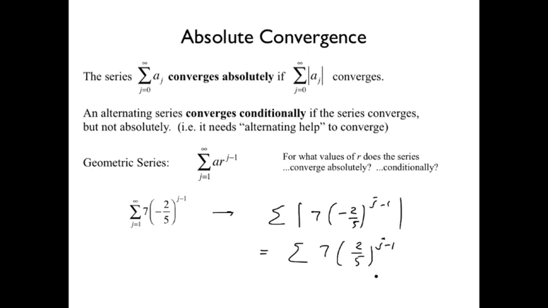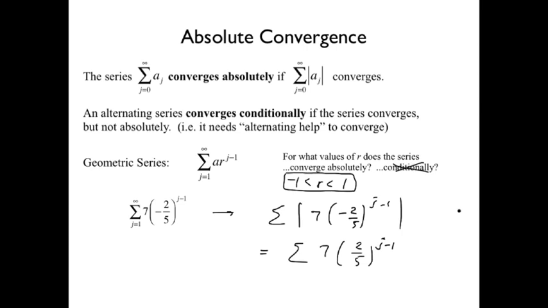So when is a geometric series absolutely convergent? Yeah, all convergent. So if a geometric series converges, it also converges absolutely. There are no conditionally convergent geometric series.